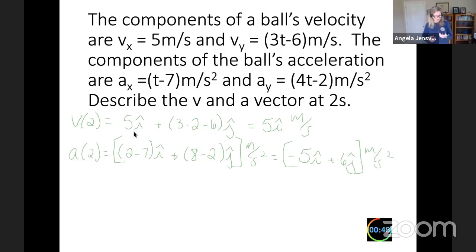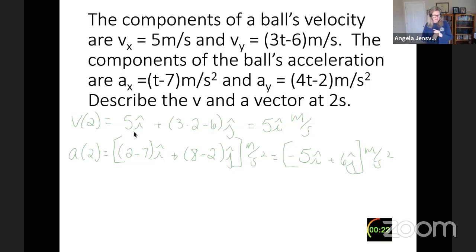If I was going to look at this object, the velocity at 2 seconds is 5i meters per second. That means it's moving horizontally in the positive direction. Let's say it's moving to the right, okay? And then the acceleration, interesting. The horizontal component of the acceleration is negative. So if it's moving in the positive direction but the acceleration is negative, it's going to slow down.